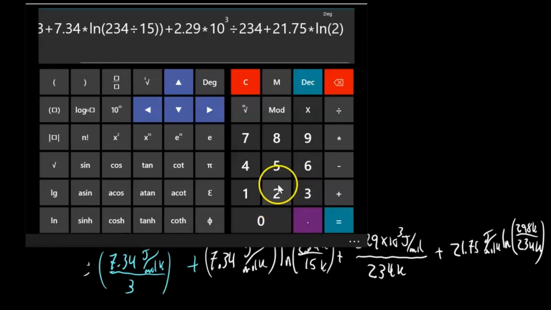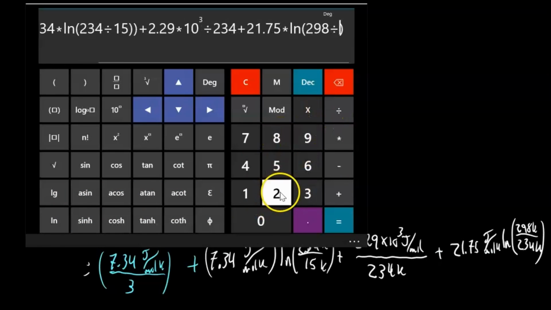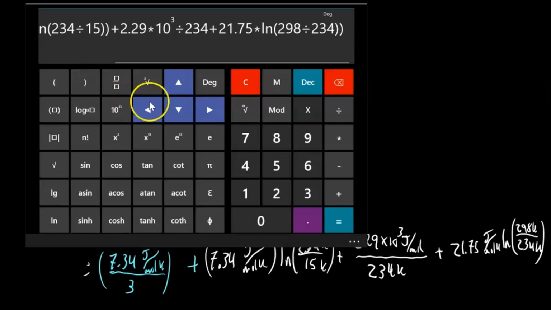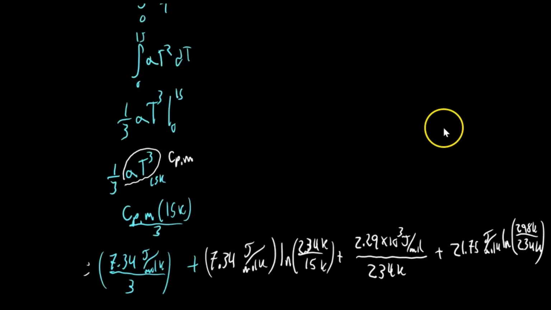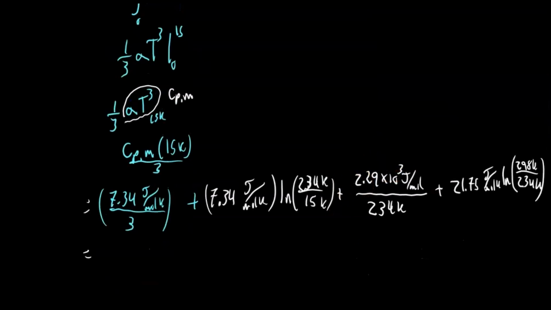I hope this is all good, if I didn't make an error. And we get 37.6565 joules per mole Kelvin.